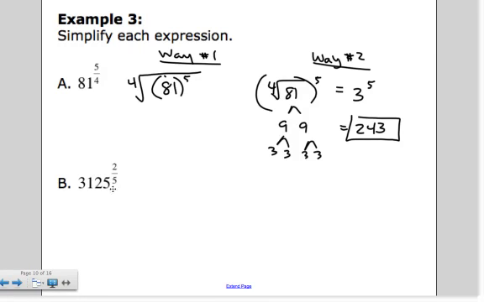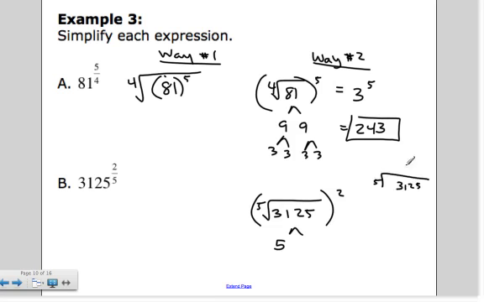Here again we would have the same problem trying to square 3,125. That's just not practical. So I'm going to take the fifth root of 3,125 and then square it. Now I don't know what the fifth root is, so I'm going to go ahead and factor 3,125. I know that 5 is a factor because 5 is the last digit, so I can take out a 5. So 3,125 divided by 5 gives 625.